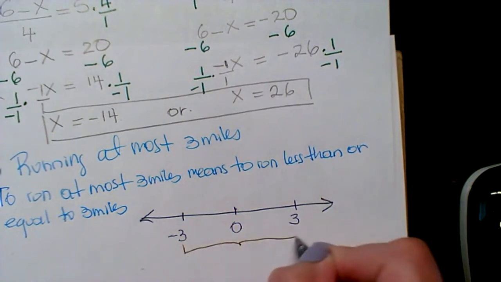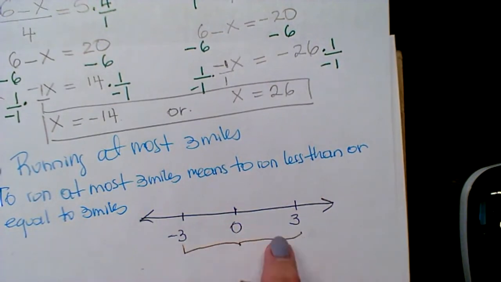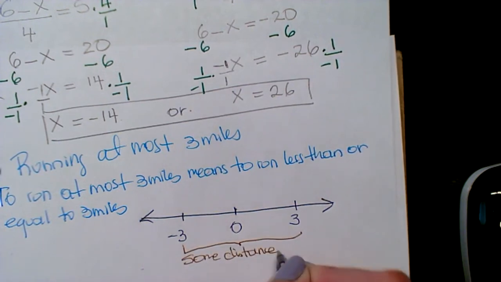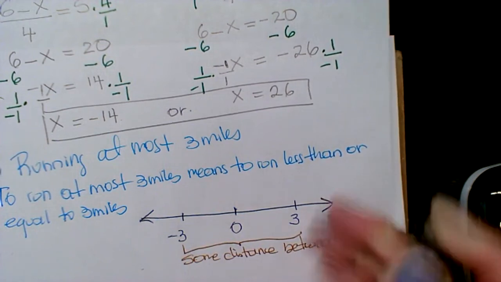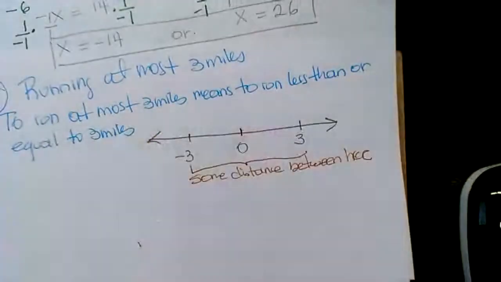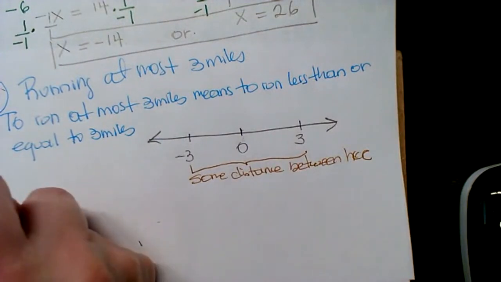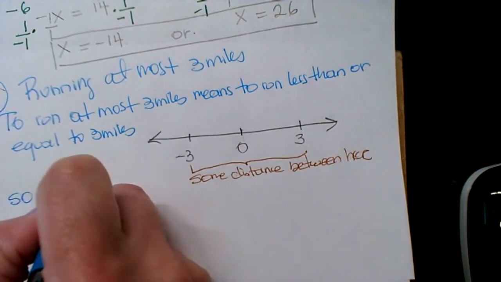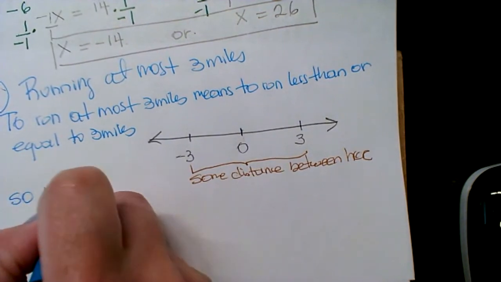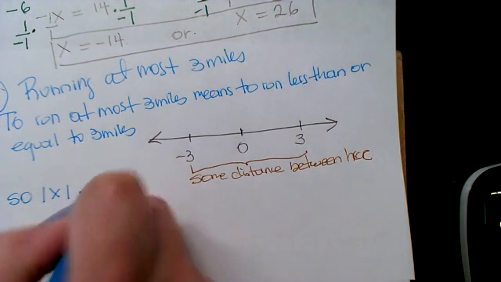And it's going to be some distance between here, okay? Now, what we have here is the absolute value of x is less than or equal to 3 miles.